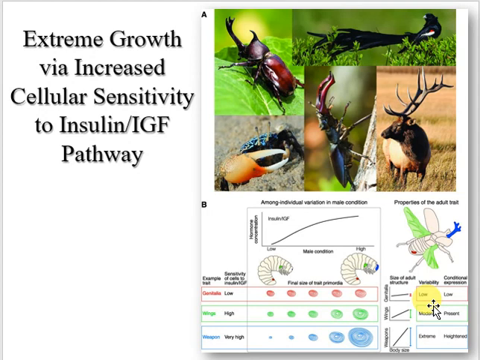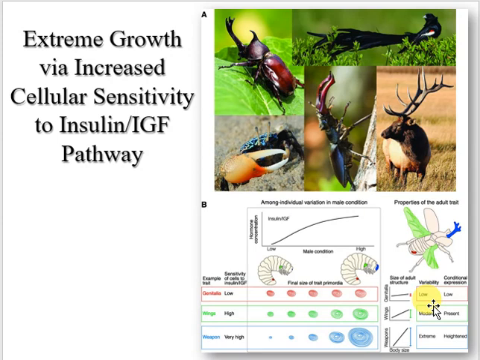So, going more into these sexually selected weapons, I just find them very fascinating, mostly because of the amount of energy that's required to sustain these traits, and how prevalent they are across so many different taxa.